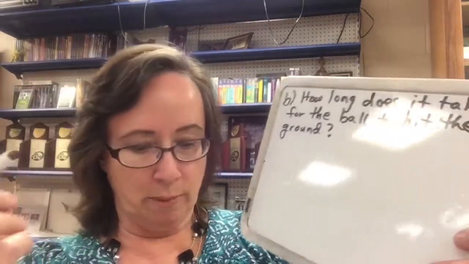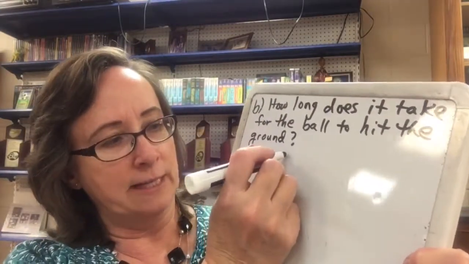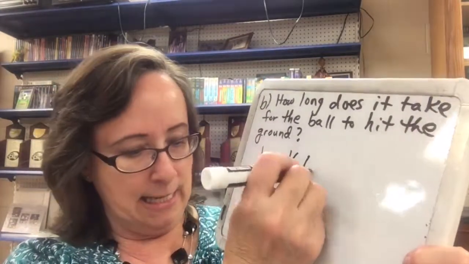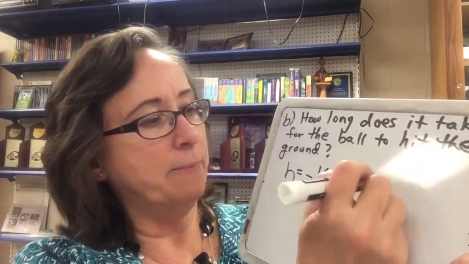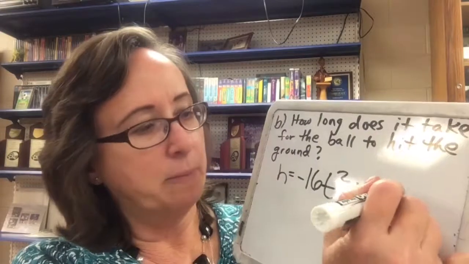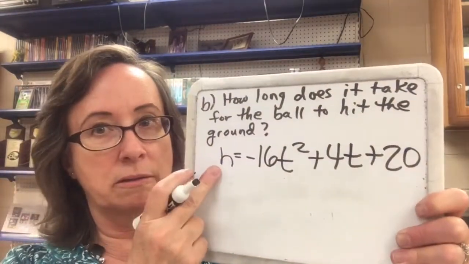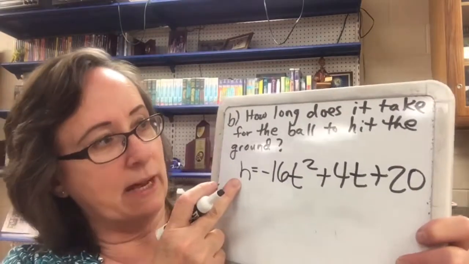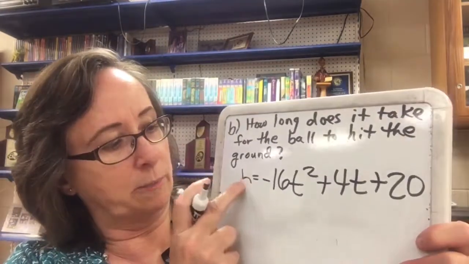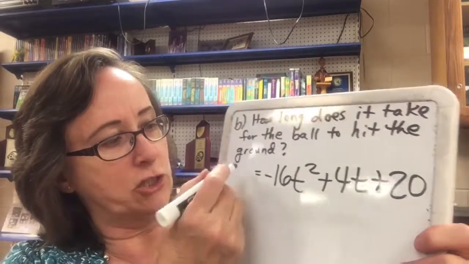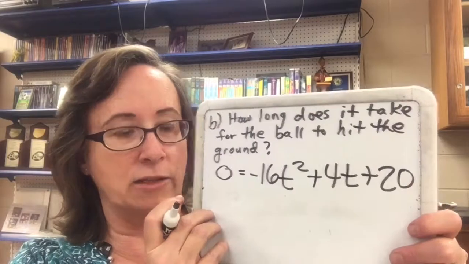Well, remember my formula is -16t squared plus 4t plus 20 equals h. Now if it hits the ground, that's ground 0. So we're going to put a 0 here for h and find out how long till it hits the ground.